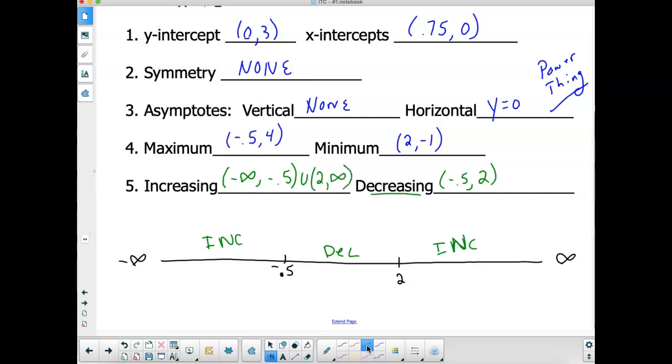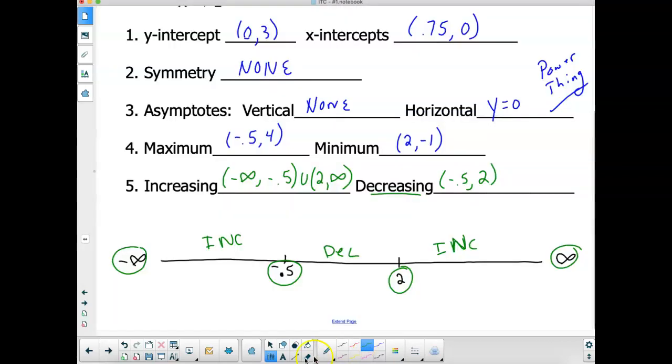So that's how you would do your increasing and decreasing intervals. I like to make a number line, and I like to put the x of my maxes and mins on that number line with positive and negative infinity. And then I like to label between there when I'm increasing and decreasing, and then just go back and pluck them right off of that.